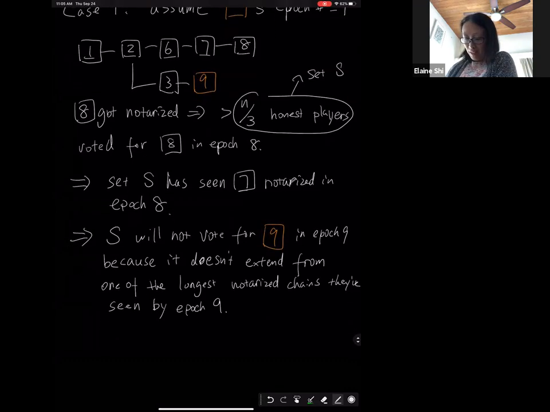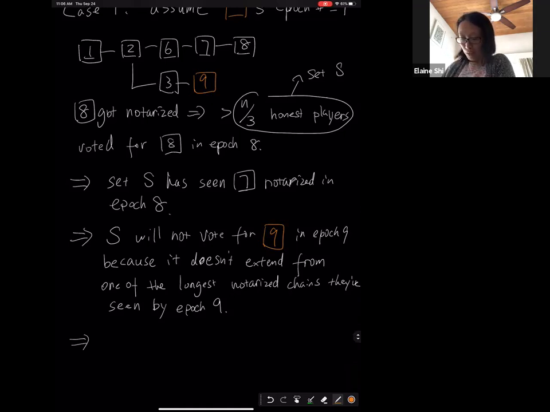Okay, so there we go. There we have our proof, because if so many honest players refuse to vote for it, then that block cannot gain notarization. For it to gain notarization, we know that it has to collect 2/3 votes. And if more than n/3 honest players refuse to vote for it, then there aren't going to be enough votes.